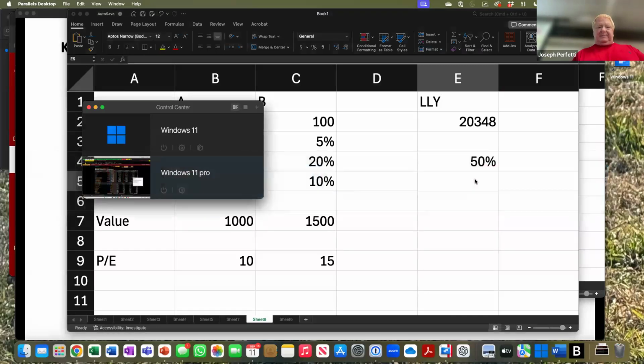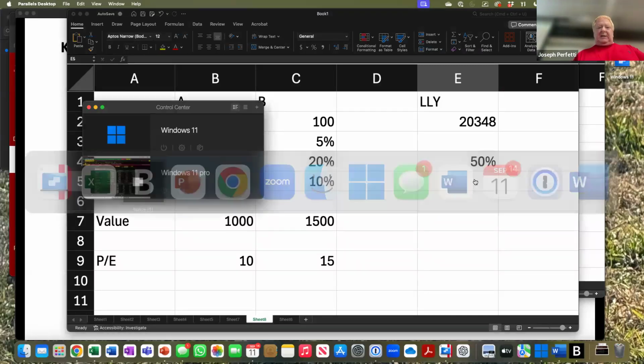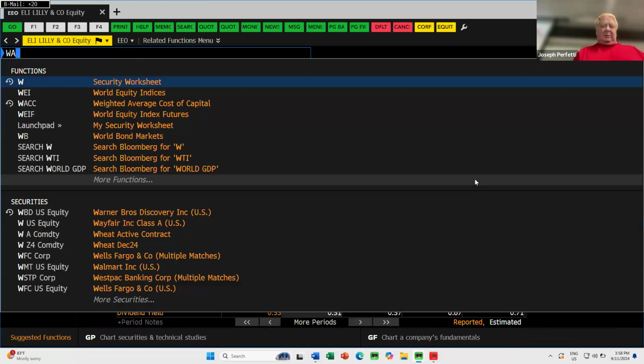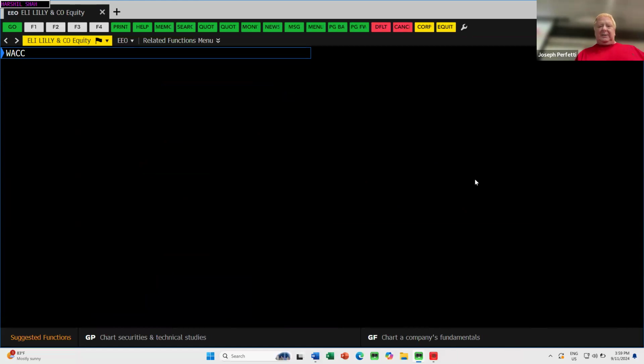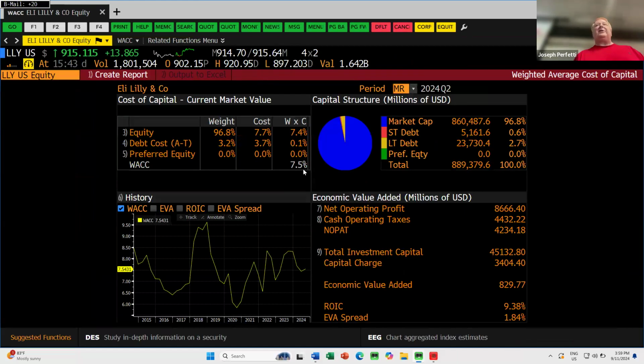Today, their discount rate, their WACC, is 7.5%. But since I'm actually discounting net income, which is equity, I use the cost of equity, because equity cash flow, equity discount rate. So their WACC for equity purposes, cost of equity, is 7.7.